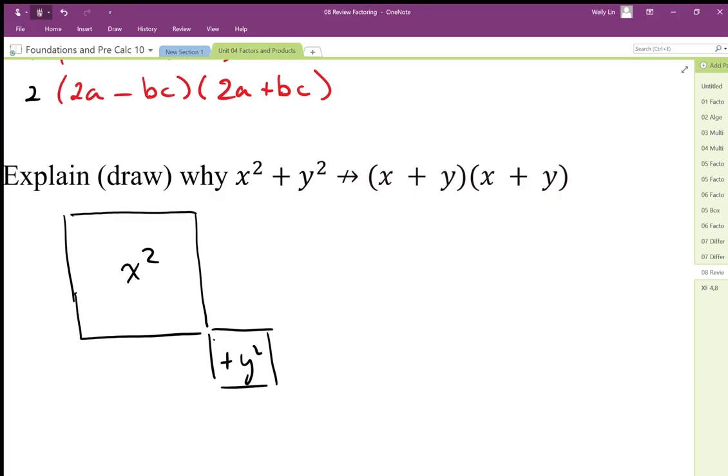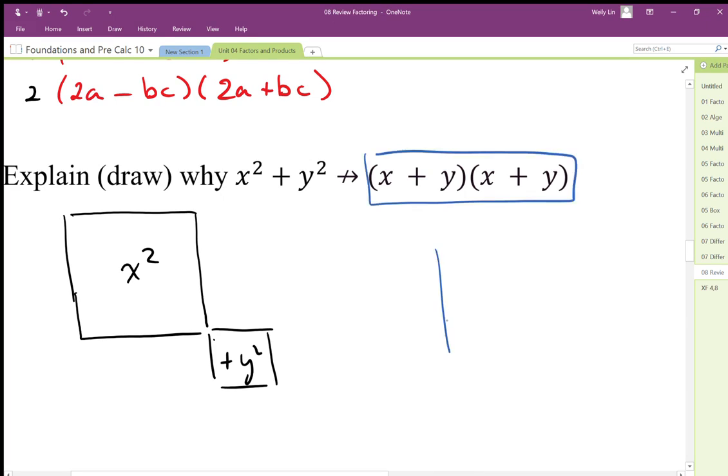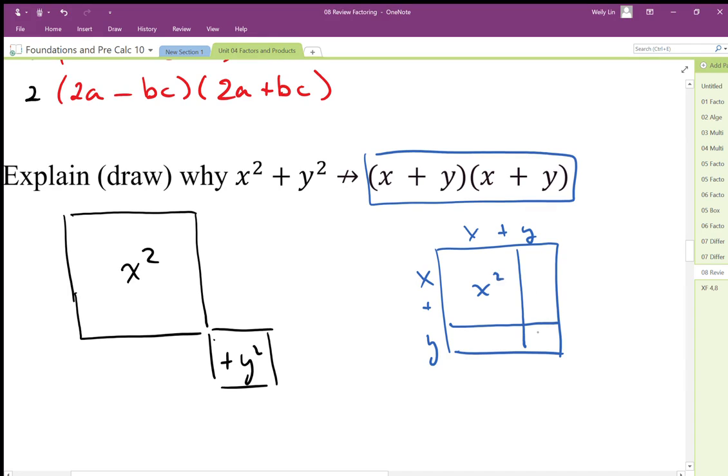We could also look at it from the other perspective. Let's say we start with this. Well, this means it's a square. Okay. Well, we have x plus y, x plus y. This has to be a square, which means then we end up with x squared plus y squared, but now we have these extra pieces here which exist. Okay, before over here they don't exist.